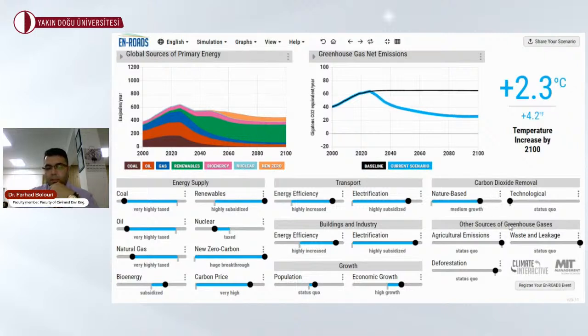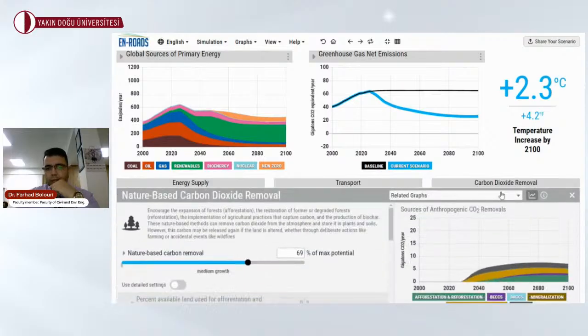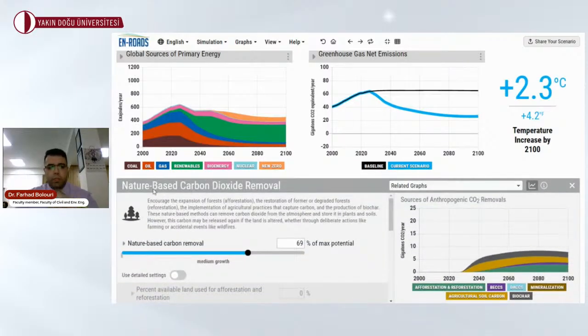And for each of these dashboards, what does each of these policies mean? You have triple dots here. If you click on them, you can say, for example, natural-based carbon dioxide removal. What it means is written here.